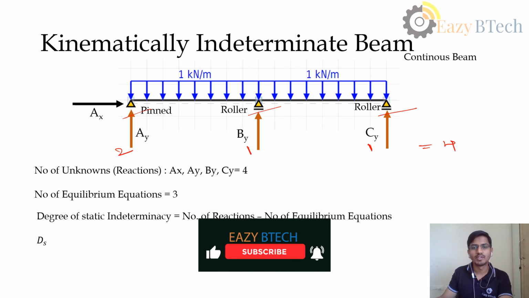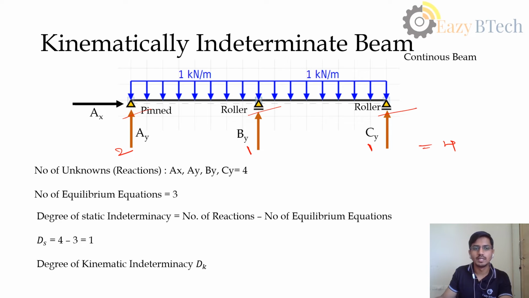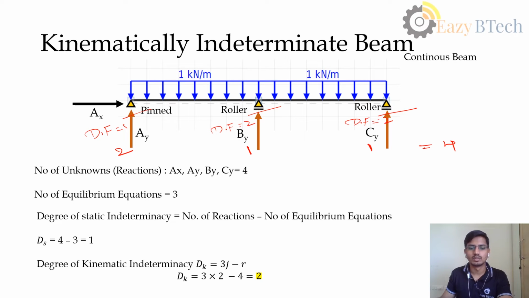Whereas for the degree of kinematic indeterminacy, let us see: for the pin the degree of freedom is 1, for the roller the degree of freedom is 2, and for the other roller the degree of freedom is 2. Okay, now, sorry, it's a mistake.